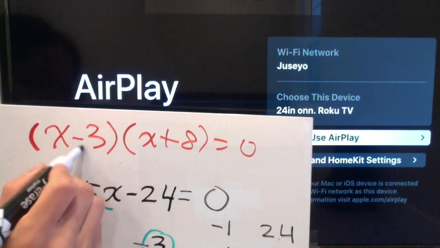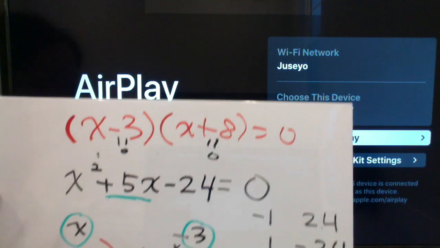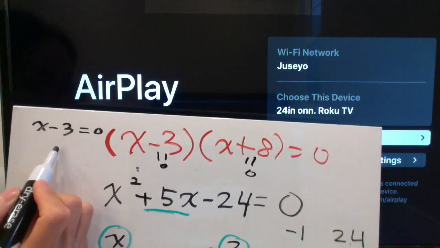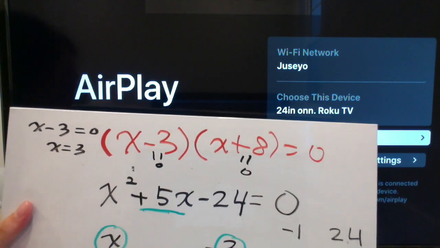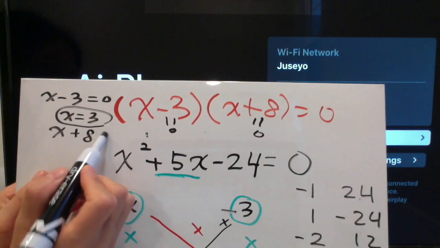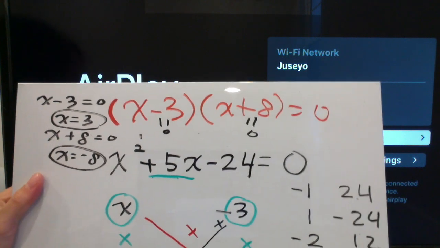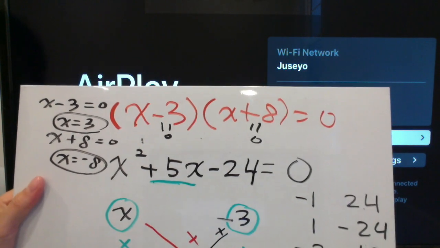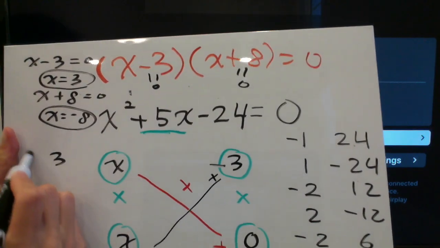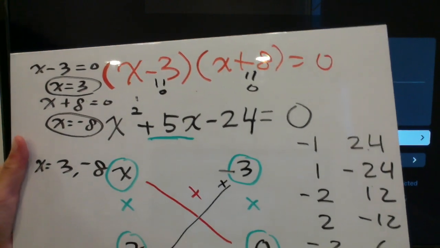This needs to be 0 or this is 0. Yes? So it means x is 3 or x plus 8 is 0. So x is negative 8. Yes. So the answer is x is 3 and negative 8. That's the answer.